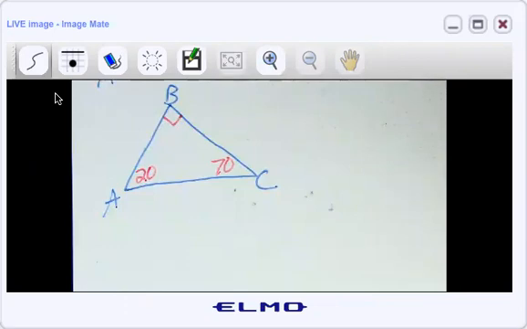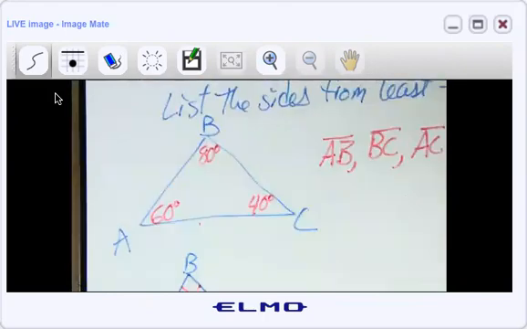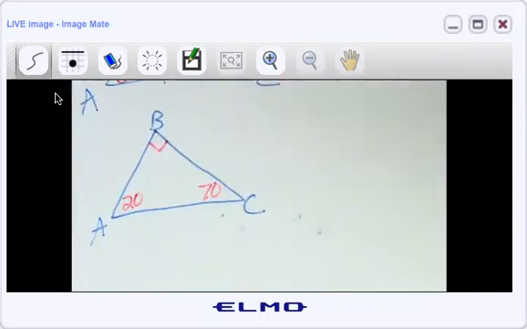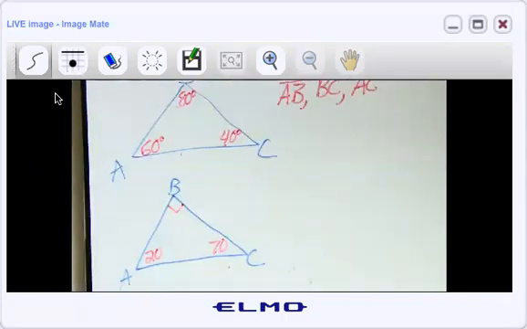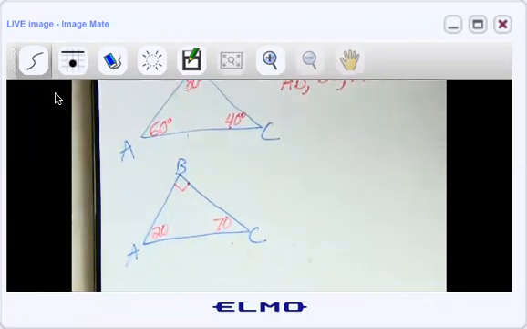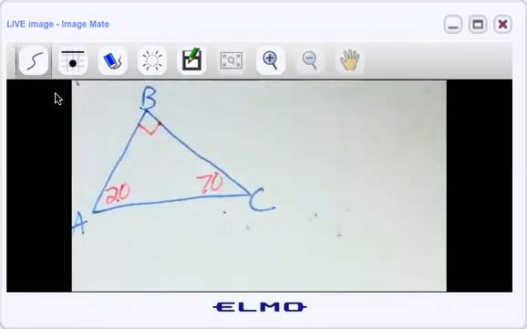Oh, B. Well, B's another angle. If you take a look at how we just did one, you need to give me a side. Okay, AB is the smallest? Oh, I meant AC, sorry.